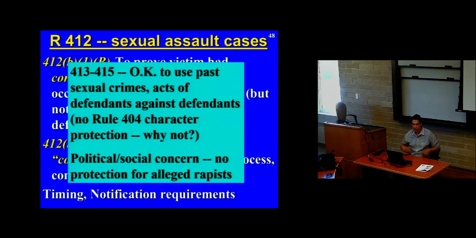And so these laws from 412 to 415 were ways to try to incentivize reporting and make sure that victims are not victimized twice and accused of lying, essentially, by putting up their whole sexual history.